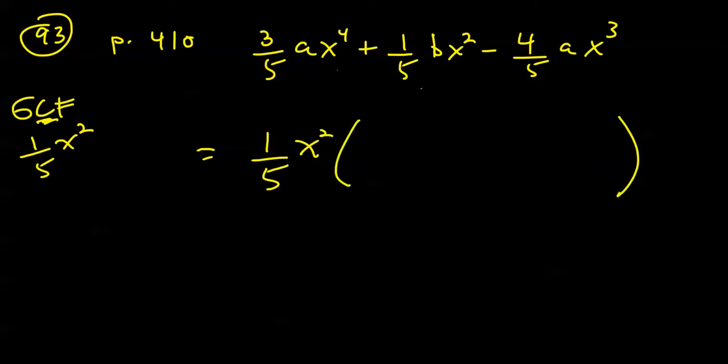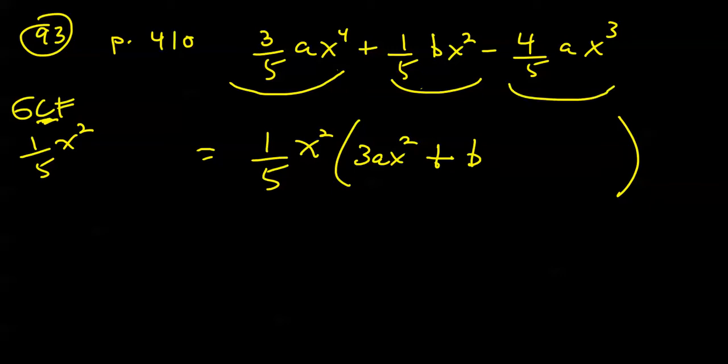Alright, so let me go ahead and work my distributive law in reverse. 1/5 x squared times, well, if I factor out a 1/5 x squared from this first monomial in the given polynomial, I'll have a 3ax squared, will I not? Plus, if I factor out a 1/5 x squared from the second term, I'll have only a single factor of b left.